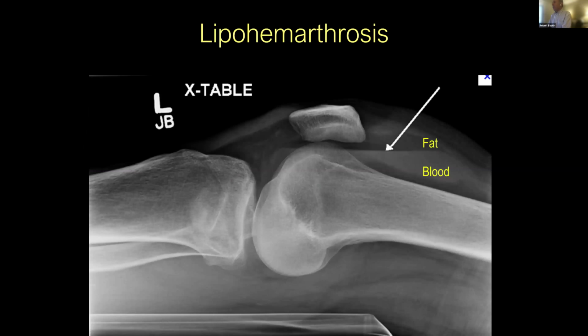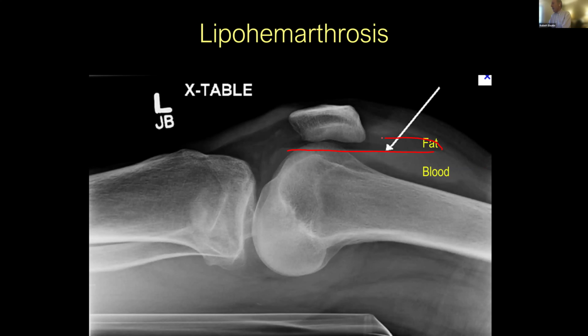Okay, what else can we look for when it comes to a radiograph? Basic important stuff to make sure you look for in a traumatic setting on a cross-table lateral view. You can see the interface between blood in an effusion, a bloody effusion or hemarthrosis, and fat that floats on top.